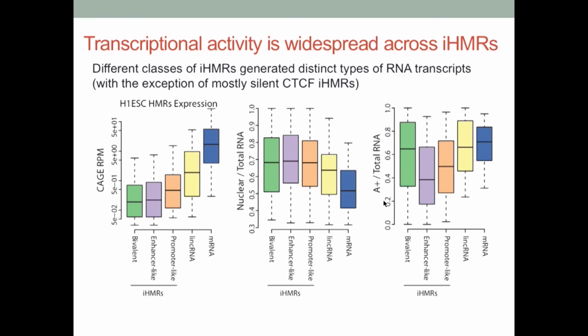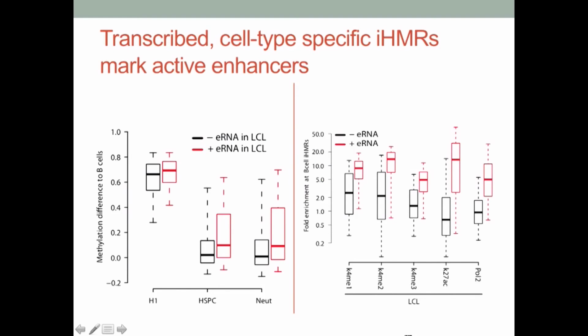And this slide is showing you that the transcription seems to be related to activity. And the way we've interpreted this is by looking at the methylation state at the same IHMRs in other blood cell types.